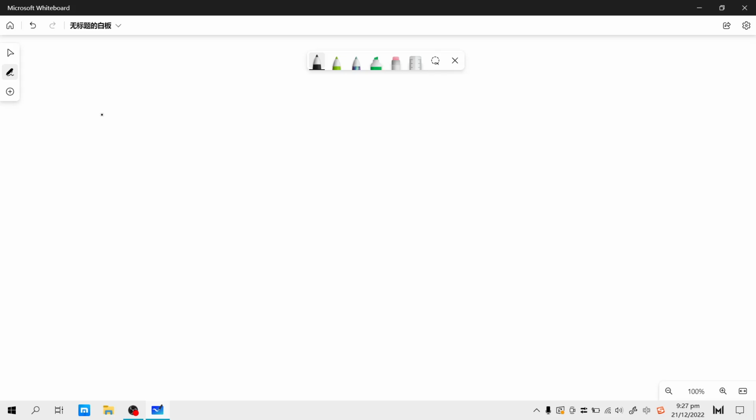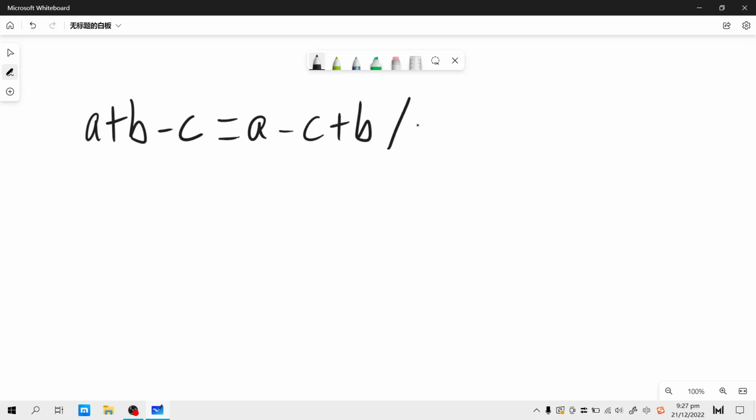The first one is A plus B minus C equals A minus C plus B. The second one is A minus B minus C equals A minus C minus B.